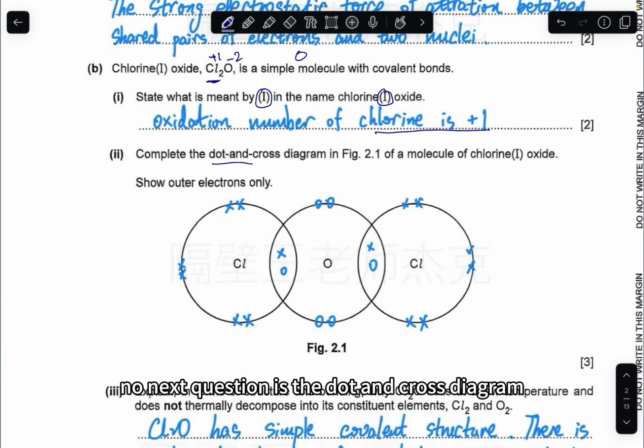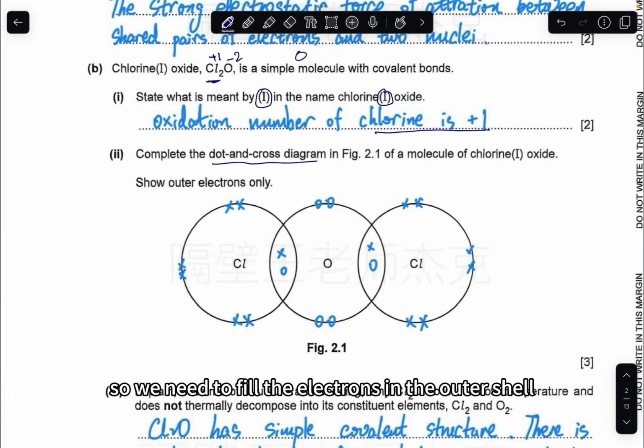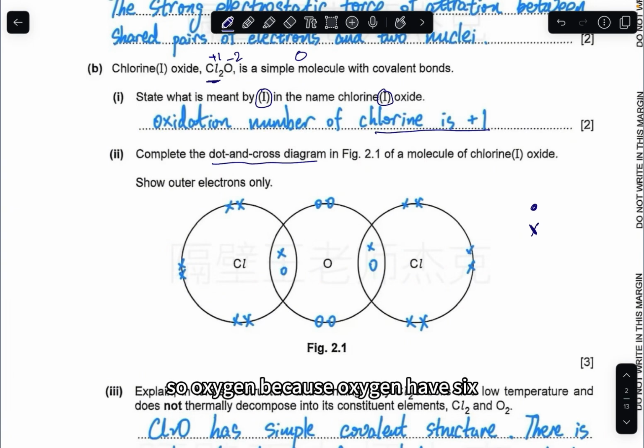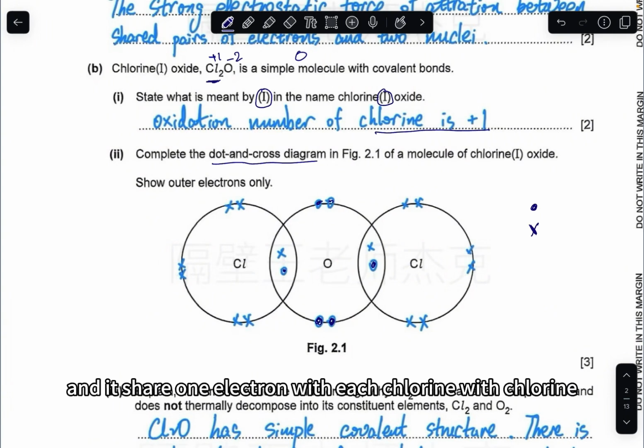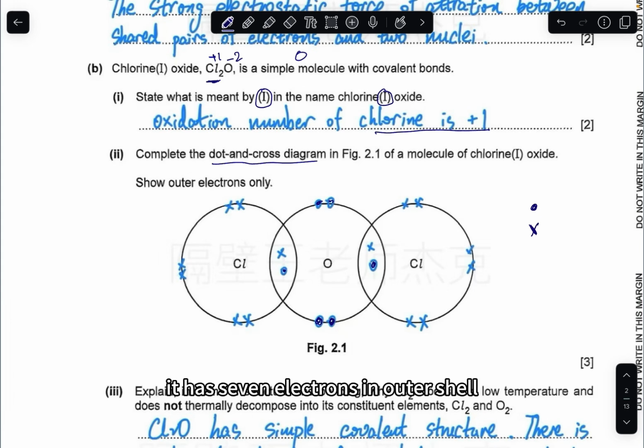Next question is the dot and cross diagram. So we need to fill the electrons in the outer shell, so we need dots and crosses. Oxygen has 6 electrons in the outer shell, and it requires 2 more electrons, and it shares 1 electron with each chlorine. Chlorine has atomic number 17, so it has 17 electrons.